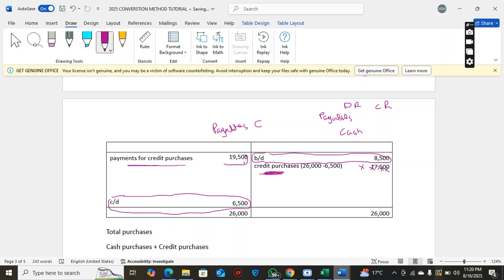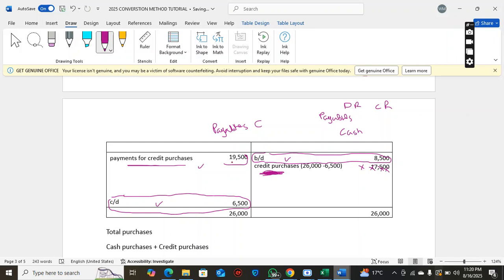So the figure that we want to get from this payables control account is the figure for credit purchases. We have our balance brought down from the information, our balance carried down from the information, and the payments for credit purchases from the information.